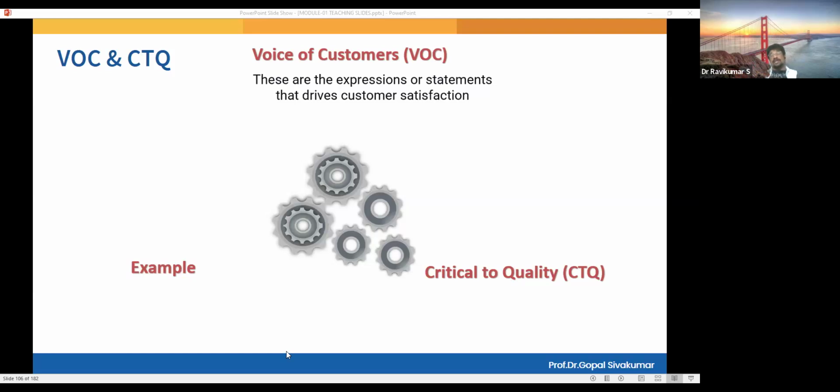So the voice of the customer may be in the form of expressions which may not be technical, or statements which may not be technical enough for you to grasp data from. But you have to convert that into measurable, understandable, and specific data so that you will be able to focus on what the customer wants, where the customer is satisfied, and what satisfies the customer. You will be able to identify that.